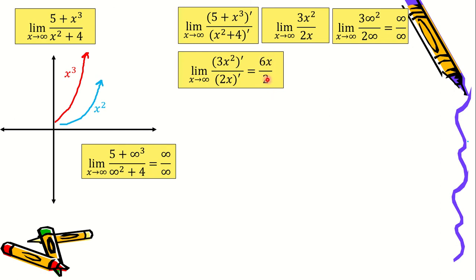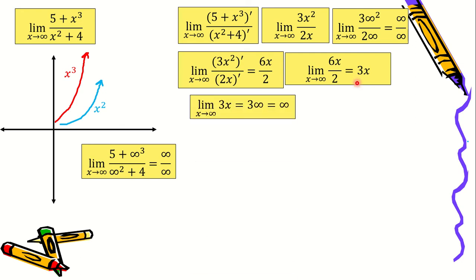So 6x divided by 2, that will be 3x. So we have the limit of 3x as x approaches infinity. So ipa-plug in na natin yung infinity dito sa 3x. So that's equal to 3 times infinity, which is equal to infinity.